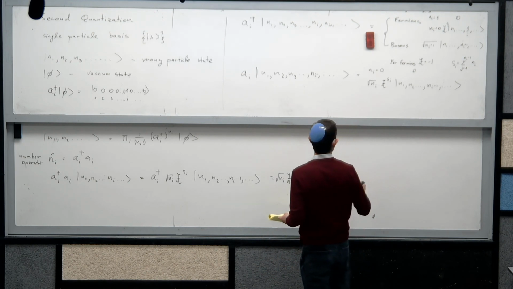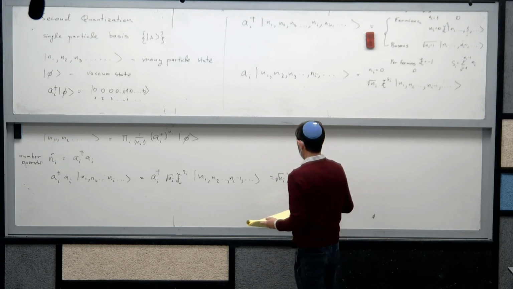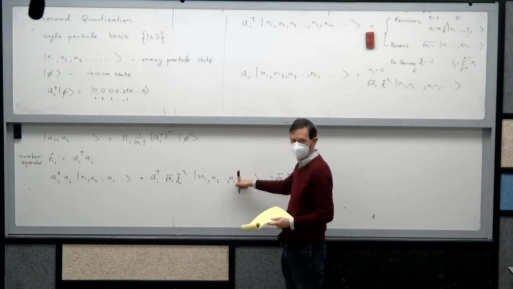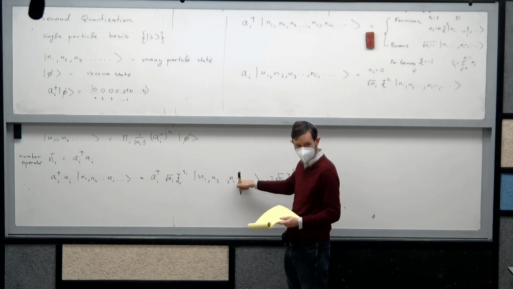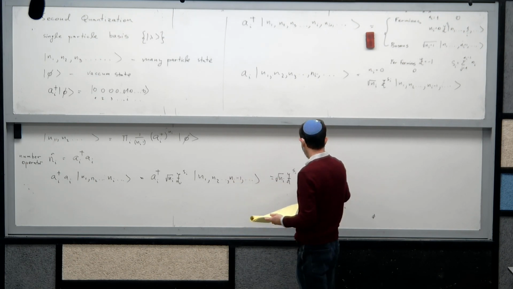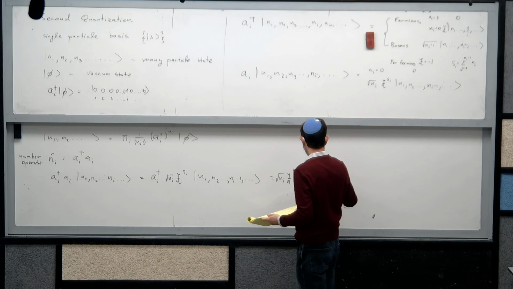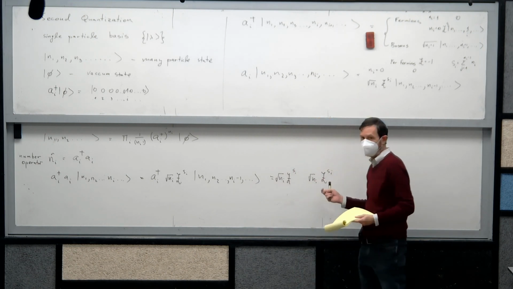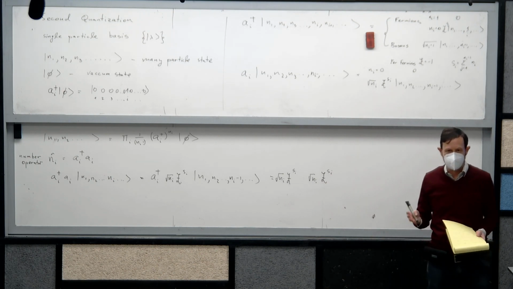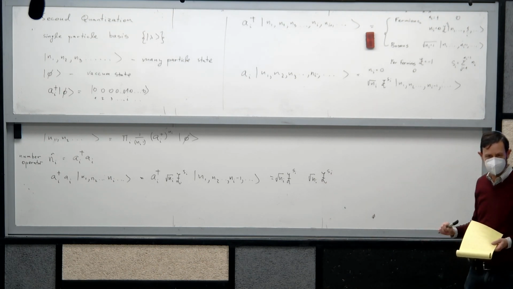Okay, so I read off the result. Ni plus 1, but here I have Ni minus 1, so it's again square root of Ni. And since for fermions zeta to the power Si is 1, I don't care writing it again.